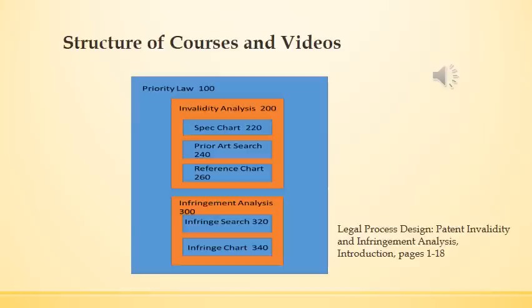For example, in priority law, each claim is entitled to its earliest effective filing date. You can have two claims in the same application that have different effective dates based on whether they have continuity of disclosure and co-pendency with earlier filed applications and what have you.